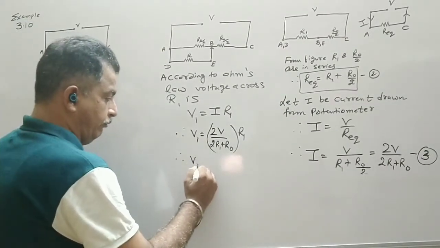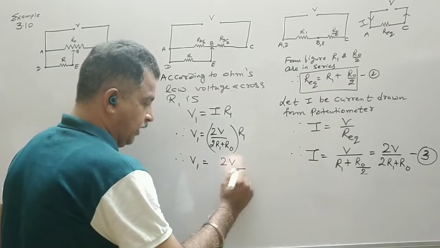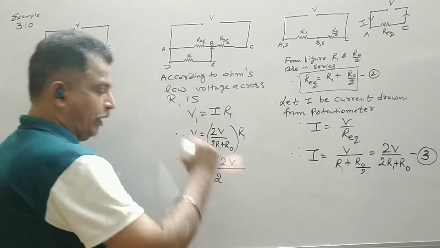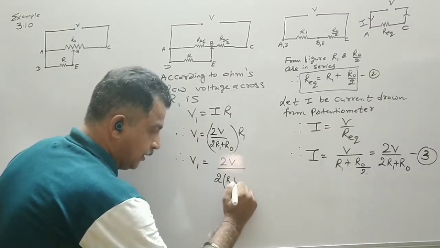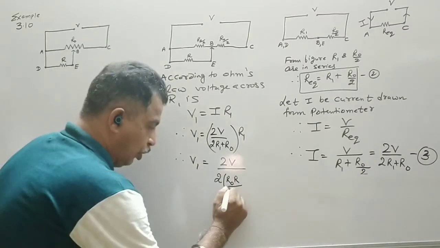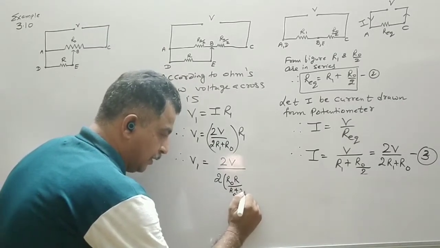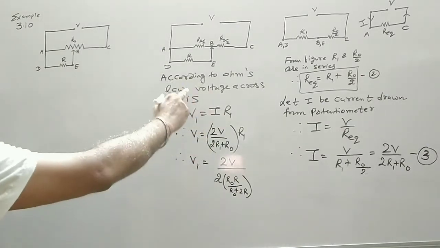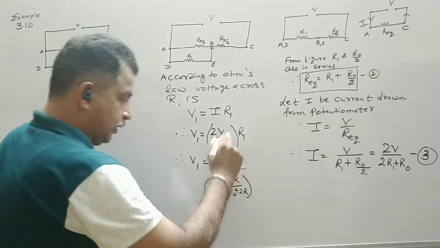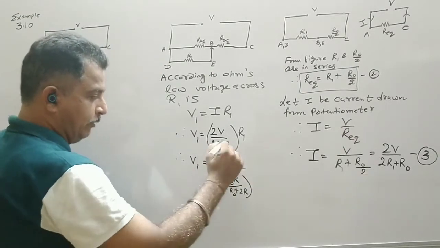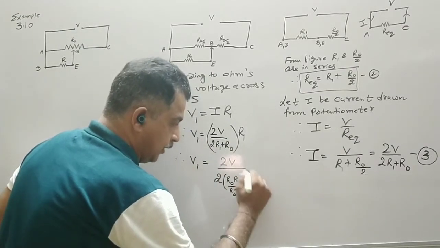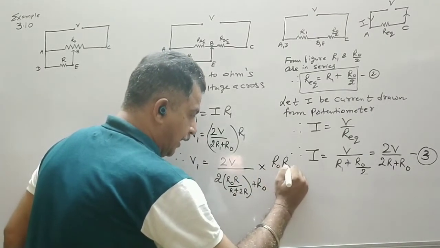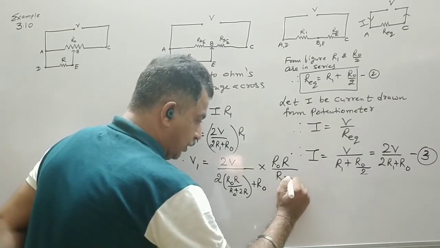Therefore, V1 is equal to twice V upon twice R1, whose value was found from equation 1, that is R0 R upon R0 plus twice R. This was our value of R1 which we have calculated earlier. So this is twice V upon twice R1 plus R0 into R1. Again R1 is R0 R upon R0 plus 2R.